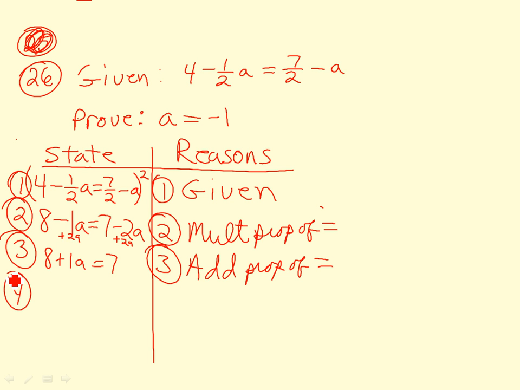Minus 8 on both sides, right? What's that leave us with? 1a equals negative 1. What property allowed us to do that? Subtraction property of equality.